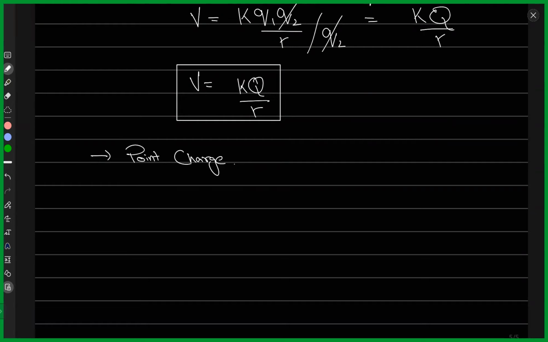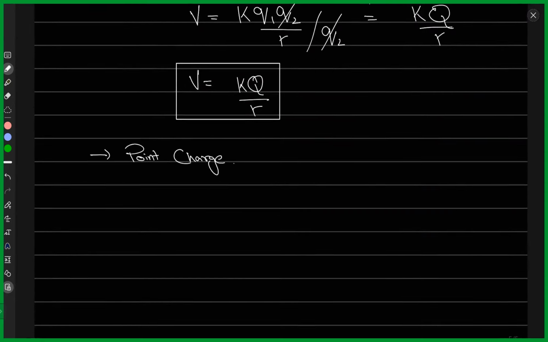Now we can talk about these potentials. So let's pick a charge. Let me go to the next page. And let's see, how does electrical potential vary with distance for different types of charges, right?